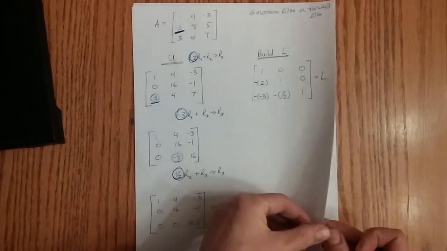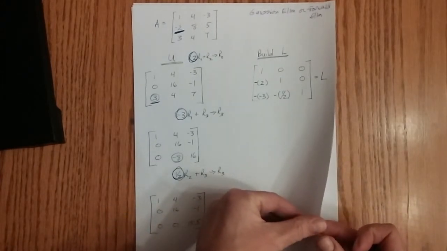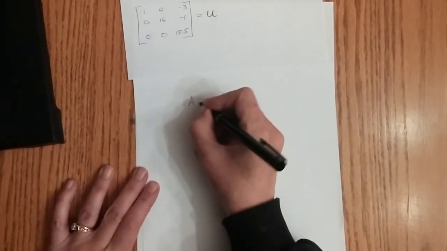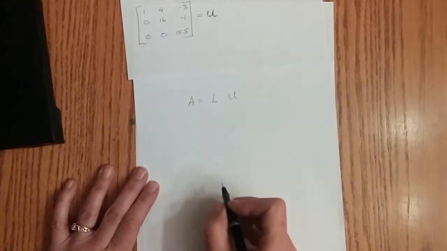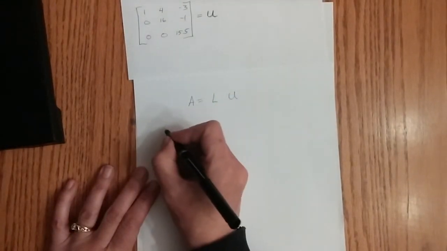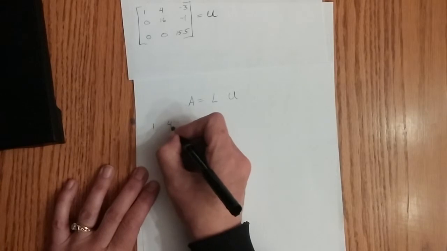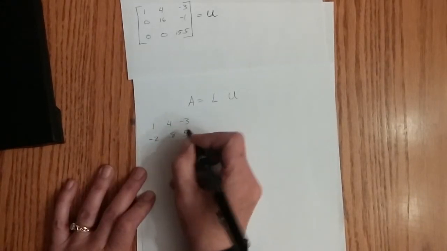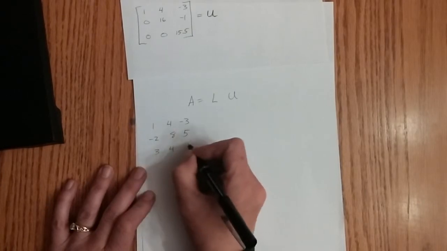And so let me show you what that looks like. A equals L times U. So A is 1, 4, minus 3, minus 2, 8, 5, 3, 4, and 7.